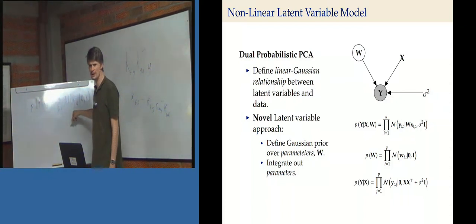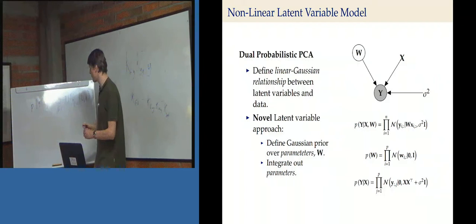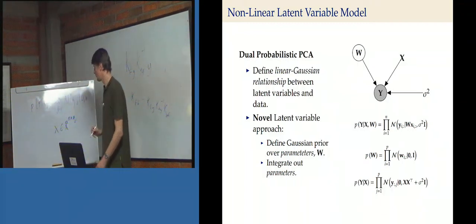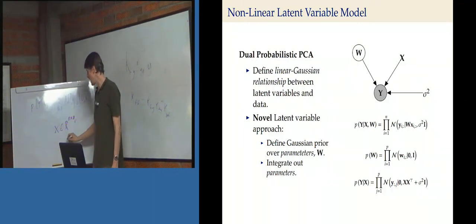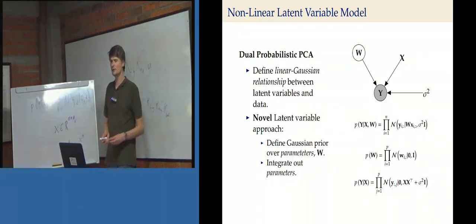Does that make sense? I have to generate a new x for that test point. So a problem if you define your models in this way and have a parameter x which scales with n is that every time you get a y star, a test point, you need to compute its corresponding x star. So the model is very non-parametric in that sense.